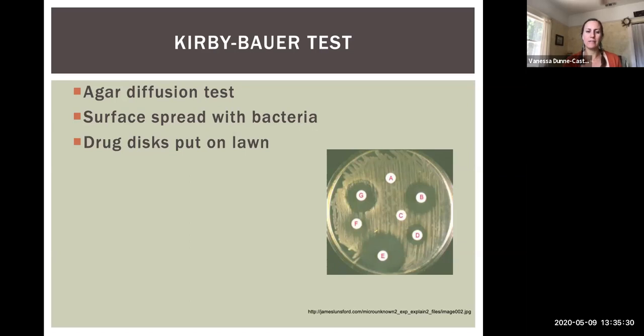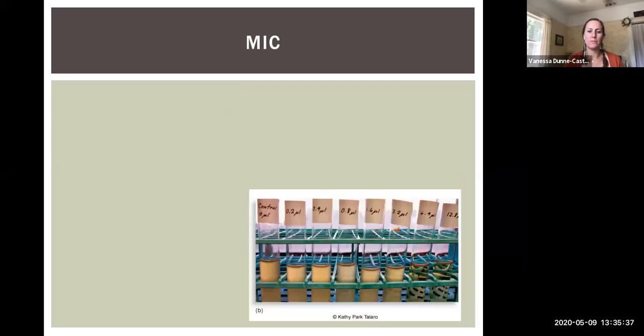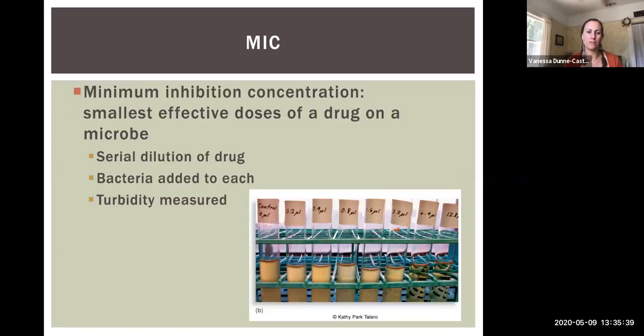But again, this is not as commonly used in a clinical setting. This is more in a research setting, but in a clinical setting, we do something called the minimum inhibitory concentration. I've mentioned this in our last set of slides. This MIC number, the minimum inhibitory concentration, is the smallest effective dose of a drug on a microbe. And this is how you would complete this activity.